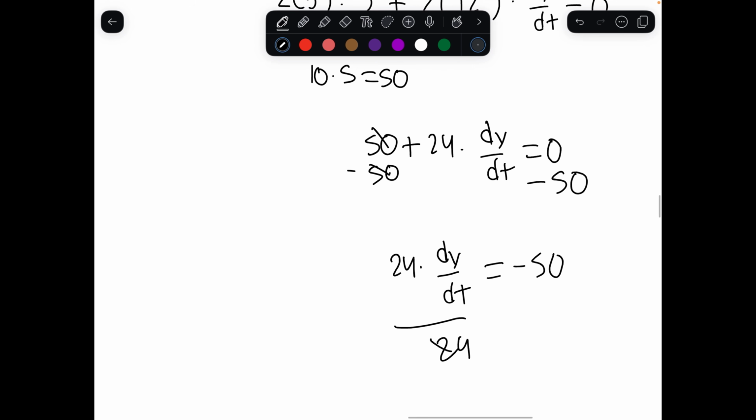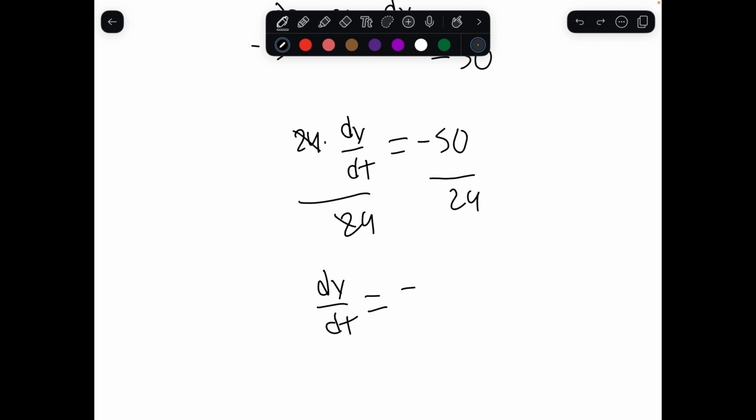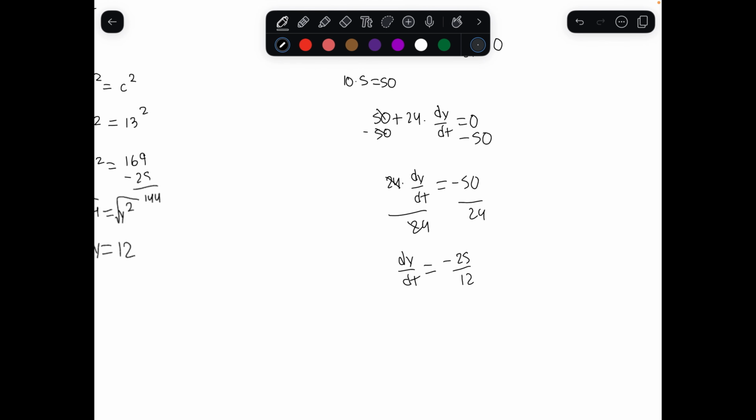And if you divide by 24, you get negative 25 over 12. Oh, that actually simplifies even more. Let's just keep simplifying that. Oh, no, this is all it simplifies to. Negative 25 over 12 is what it simplifies to. So dy/dt equals negative 25 over 12.